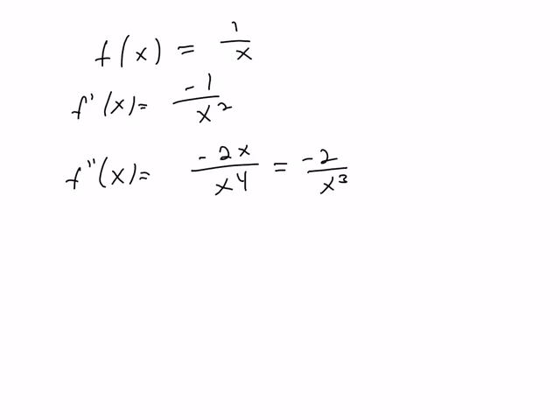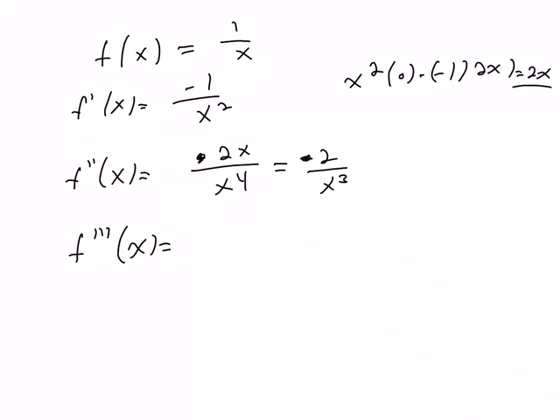It's not going to be a negative, it's going to be a positive number at this point. And then the third derivative, it's going to be positive because it's going to be x squared times 0 minus, and then minus 1 times 2x, and these minuses cancel, and this is just going to be 2x over x to the 4th.